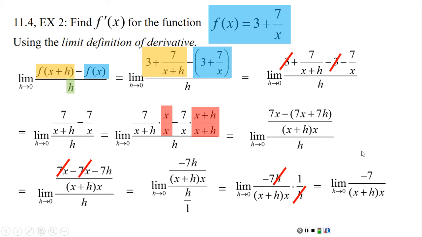So once I cancel that h, it gets me down to this. I just have negative 7 over x plus h plus x. Now, finally, I can put a 0 in for that h, and it won't turn the denominator to 0.